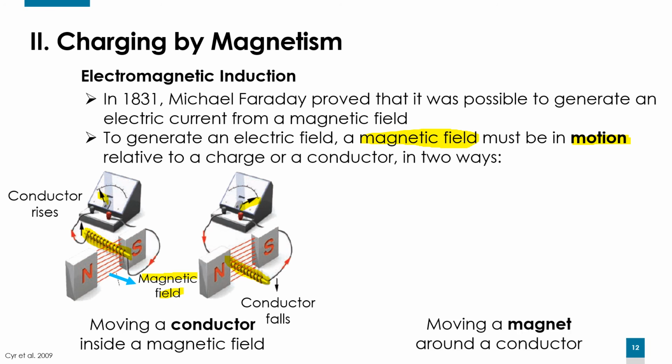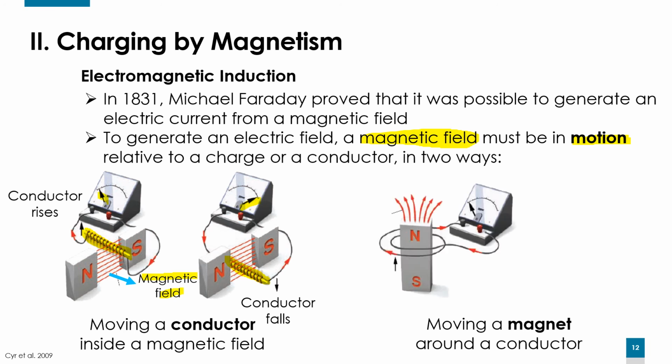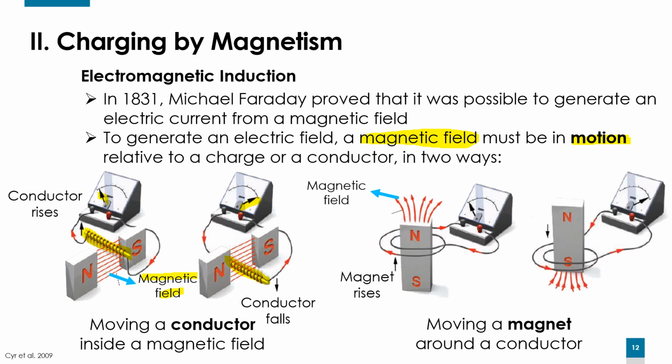And there is another way, by moving the magnet itself. In the first one, I move just the conductor, but I can also move just the magnet. So here I have my magnetic field, and I can raise or lower my magnet.